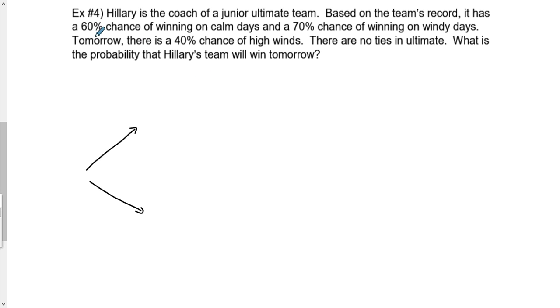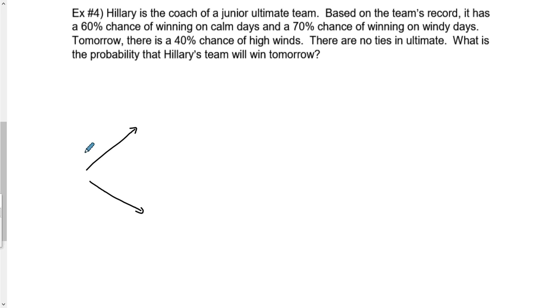So if Hillary's team has a 60% chance of winning on calm days and a 70% chance of winning on windy days, but there's a 40% chance of high winds, well, we have three percentages, and all that we've ever had to do is multiply two. No, you don't have to multiply 60% by 70% by 40%. That's not how we're going to be doing this. You have to deal with the different situations.